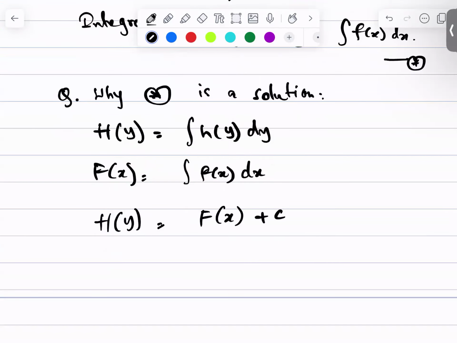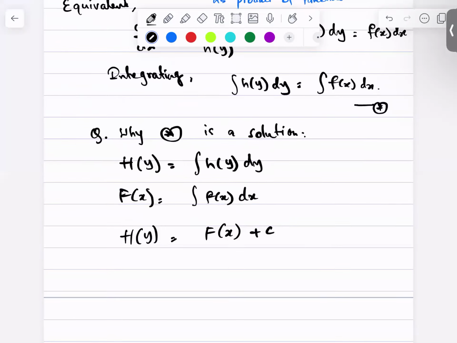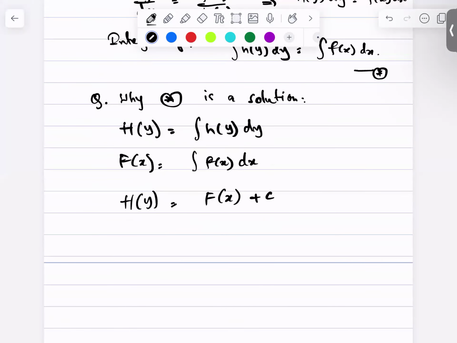Because I named it that way. And then if I do the derivative, then F'(x) is basically dF/dx, and dF/dx is the same as dH/dx, right? So this comes from this line.